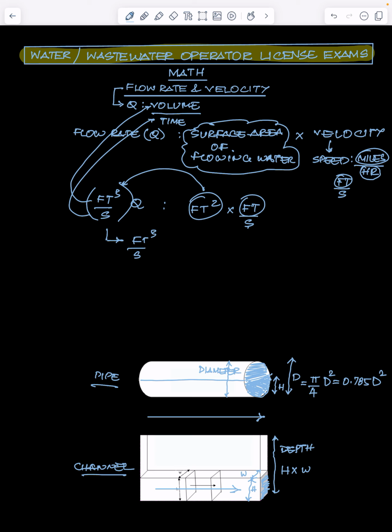The more common ones, besides cubic feet per second, are GPM, which is the flow rate in gallons per minute, and also the very commonly found unit for flow rate, MGD, which is million gallons per day.